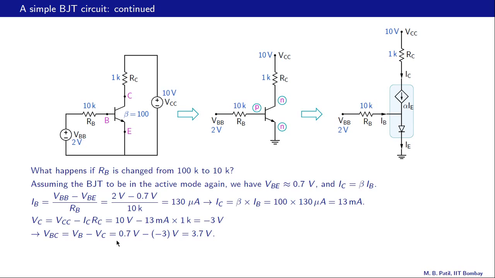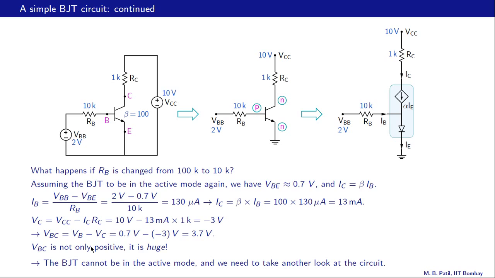So VB minus VC is 0.7 minus minus 3, or 3.7 volts. So this junction is now under forward bias, which is of course not the condition we require for the active mode. So something is definitely not right.